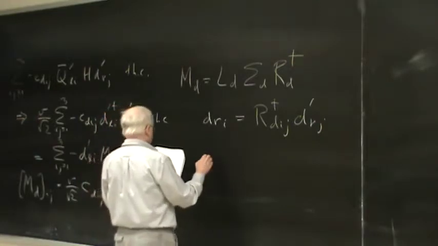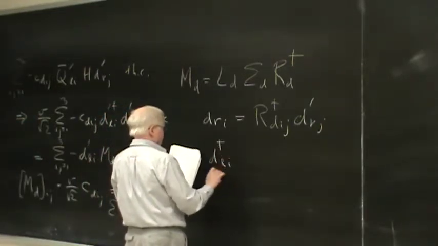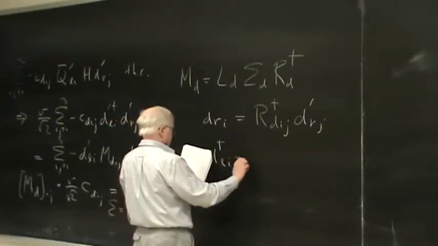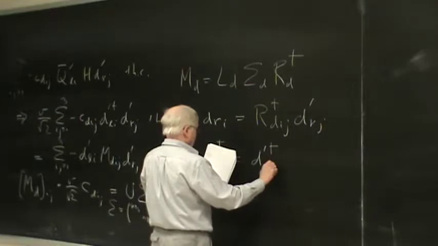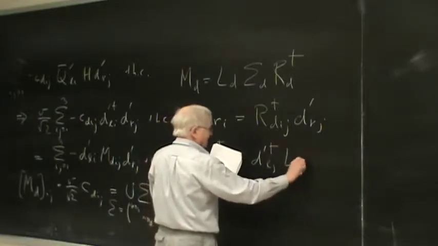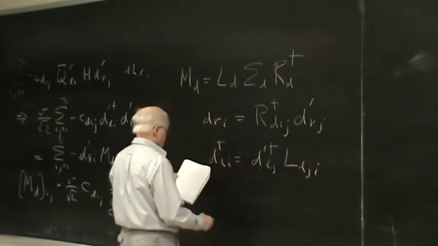And the left-handed mass eigenfield is D dagger left i, this is again a mass eigenfield, is D flavor dagger L_J L_D ji, for example.